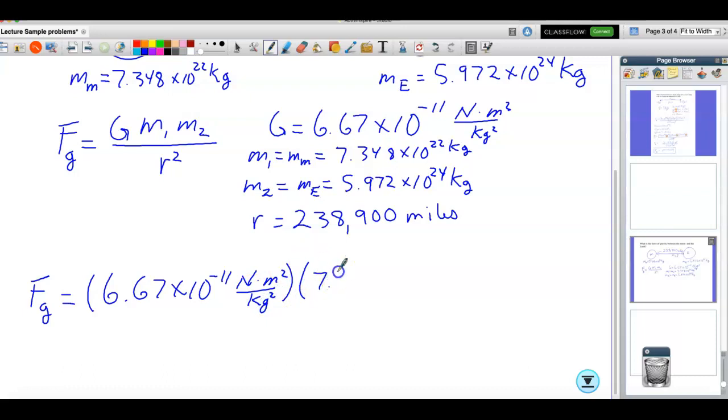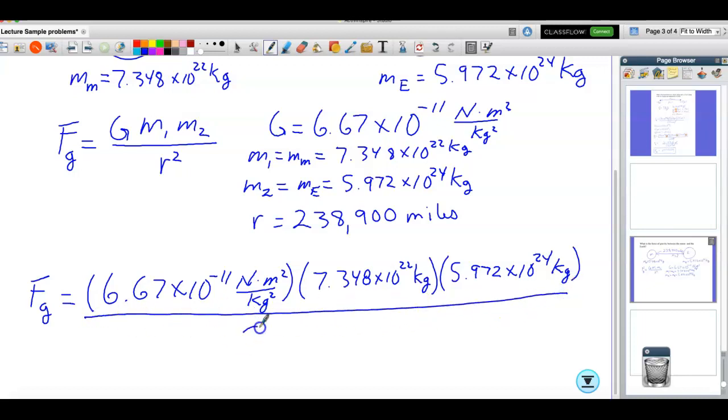So 7.348 times 10 to the 22nd kilograms times the mass of the earth, 5.972 times 10 to the 24th kilograms, all over 238,900 miles.